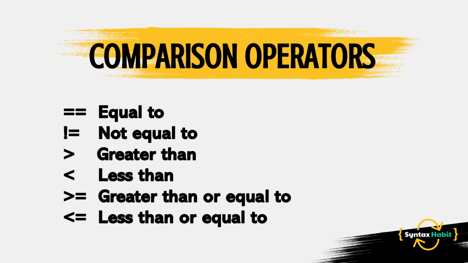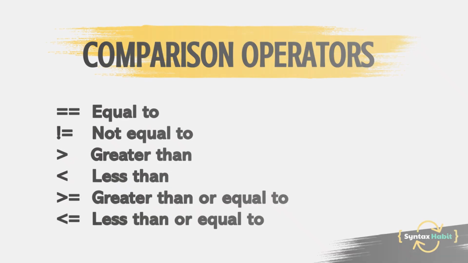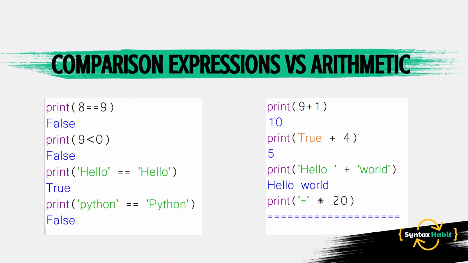Python provides 6 comparison operators that allow us to compare two values. In the previous lesson, we learned about expressions. Today, we will build expressions using comparison operators.